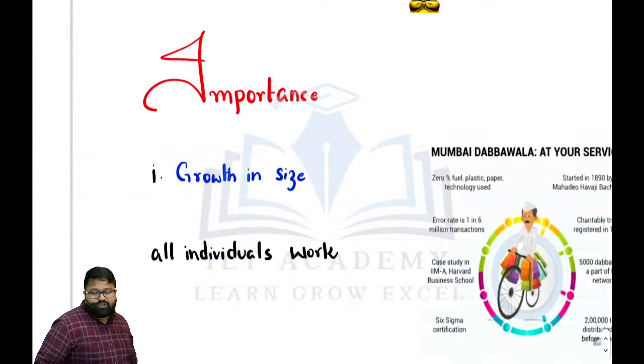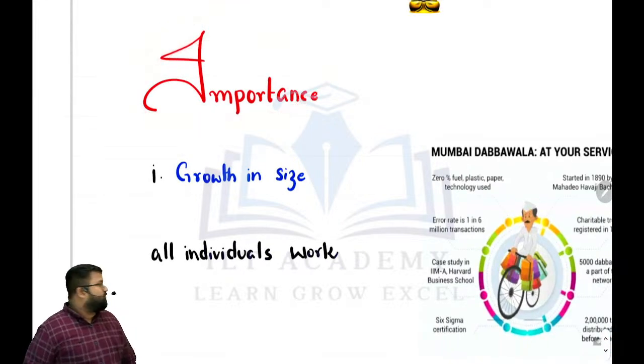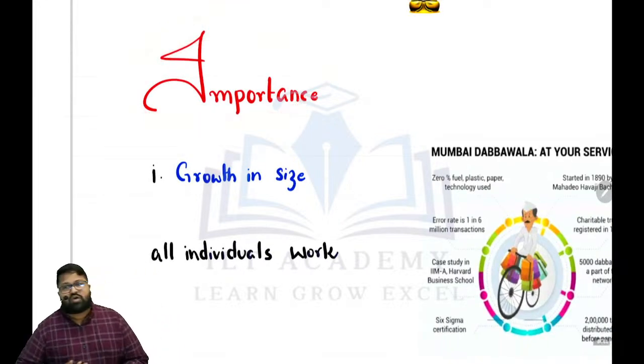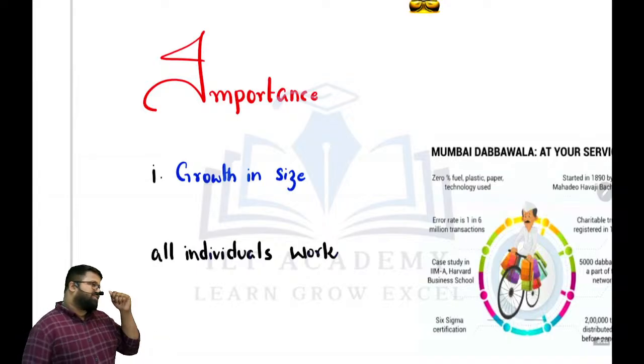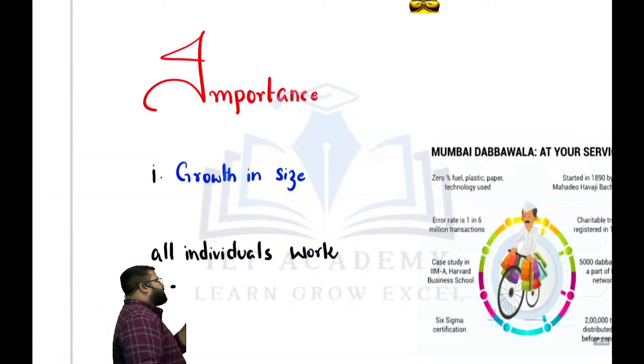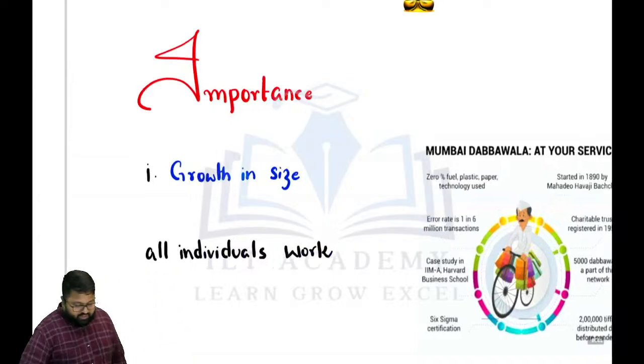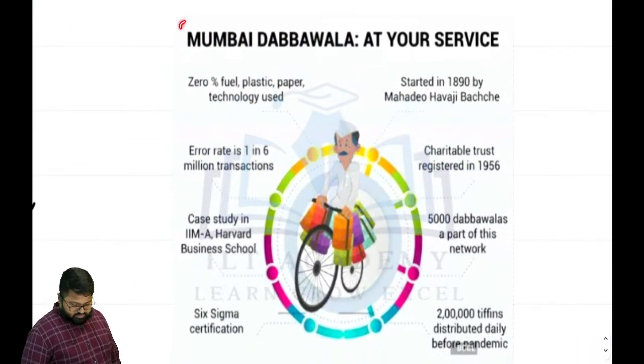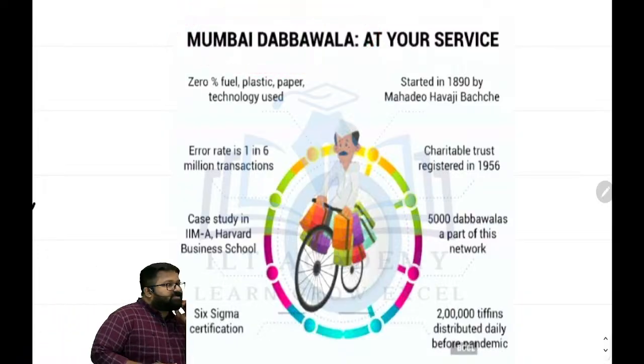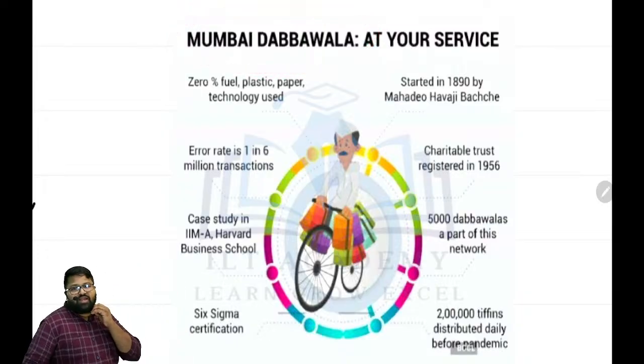What is the first point there? Importance of coordination. Because of drastic change and drastic size of organization, there is a requirement of coordination. And here the best example is, who is that, buddy? Do you have any idea regarding them?